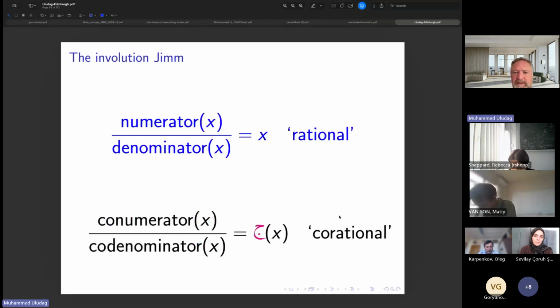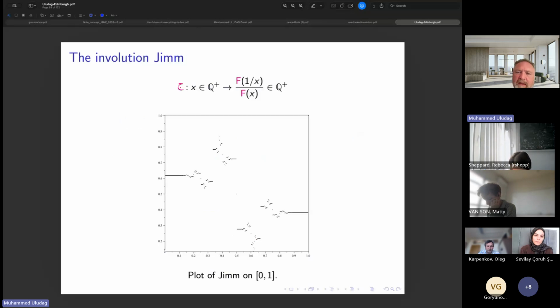So the idea is that x equals the numerator of x divided by the denominator of x, and x is called a rational. And Gym(x) is the conominator of x divided by the conominator of x, so we can call this the co-rational number. f is an integral function, so it doesn't make sense to plot it on the set of rationals.